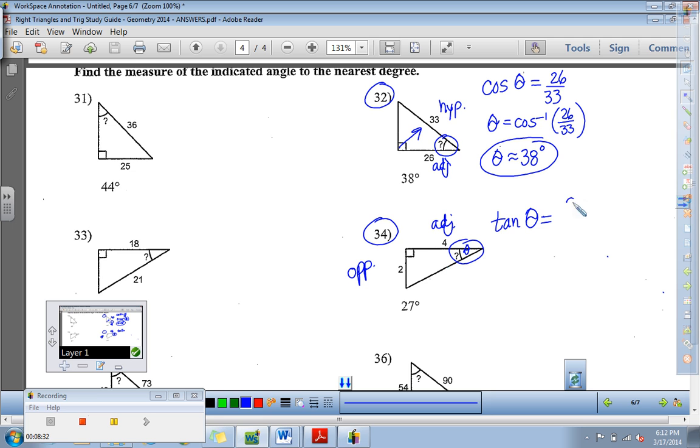Opposite is 2 over adjacent, which is 4. Once again, you plug it into your calculator. Inverse of tangent, 2 over 4. You plug that in, you get 27 degrees. You round to the nearest degree.